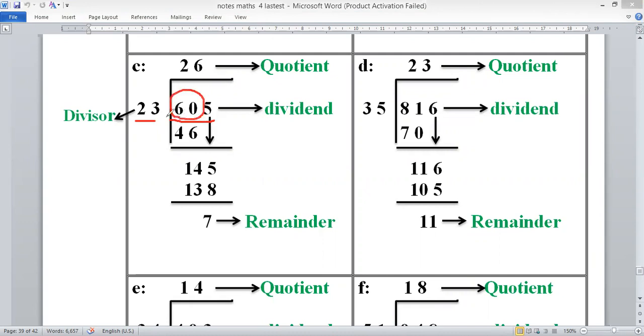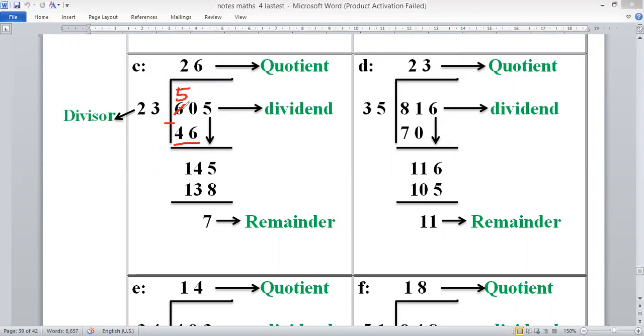First we divide 60 by 23. 23 twos are 46. And when we multiply 23 by 3, we get 69. So 69 will be greater than 60. Therefore, we multiply by 2. We get 46. Now subtract 46 from 60. Here we get 5.